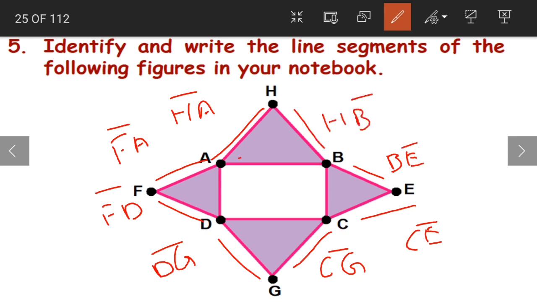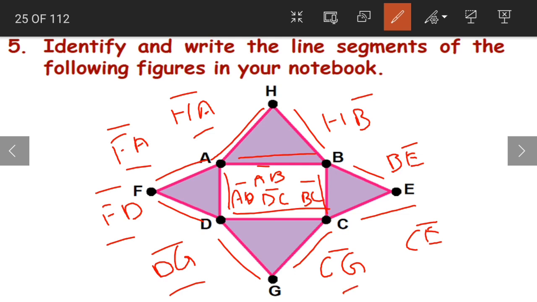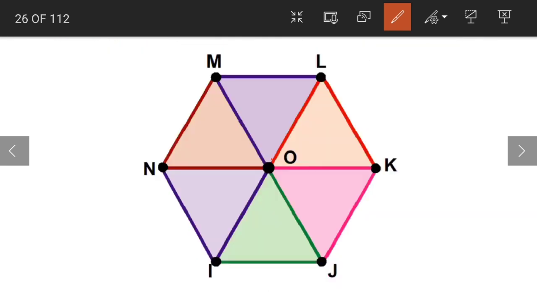These are all the line segments, and apart from this, look on the inside also. Line segment AB, line segment BC, line segment DC and line segment AD. So these are all the line segments that can be identified from the following figure. How many do we have? 1, 2, 3, 4, 5, 6, 7, 8, 9, 10, 11 and 12 line segments.